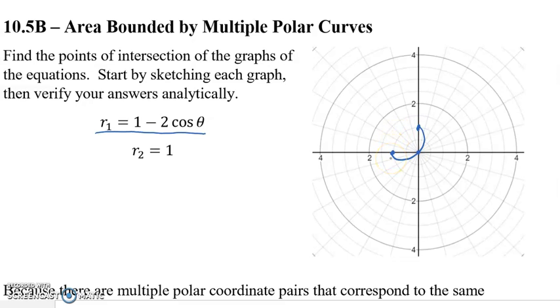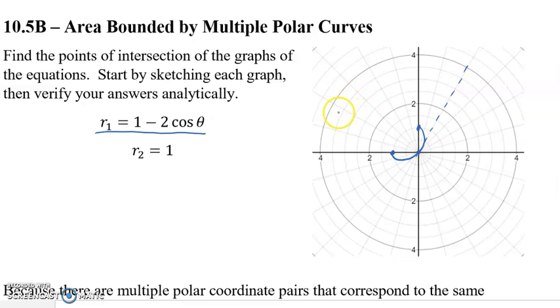We could spend a little more time setting this equal to 0 and figuring out that theta equals pi over 3 is the theta value that causes r to equal 0, which tells us that this radial line right here is the tangent line. Looks like I did a pretty good job of that, so I'll leave it as is.